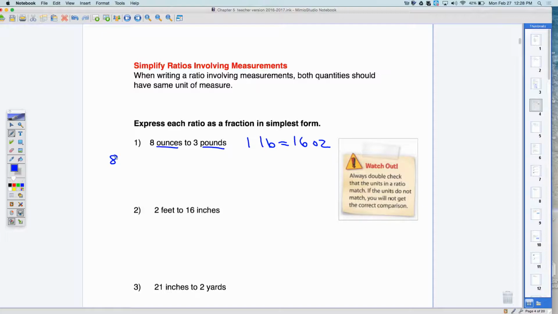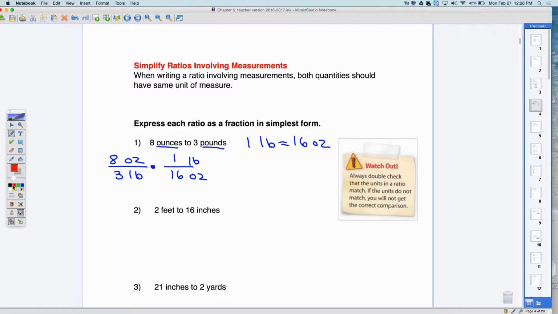So start by writing the original with its units, so 8 ounces over 3 pounds. And then you're going to multiply it by the conversion factor. You want to have your pounds and ounces to be able to cross cancel, just like you would with regular fractions when you're multiplying. And then you fill in 1 pound over 16 ounces.